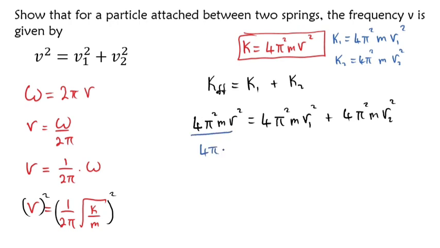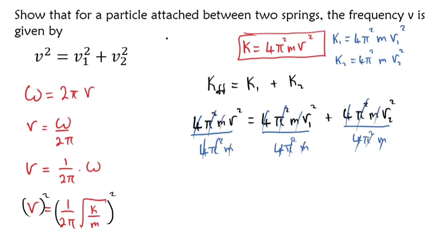The 4, the pi squared, the mass is common. Same thing here, and same thing here. So the 4 cancels throughout, the pi squared cancels throughout, as well as the masses, they all cancel out.